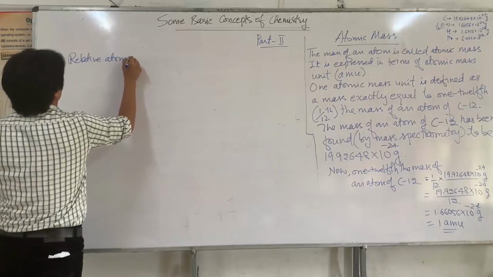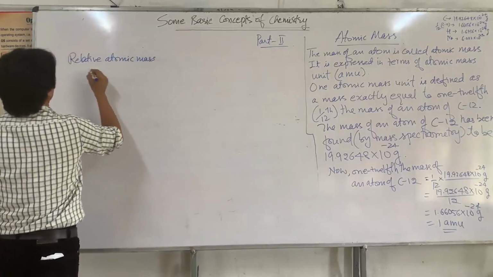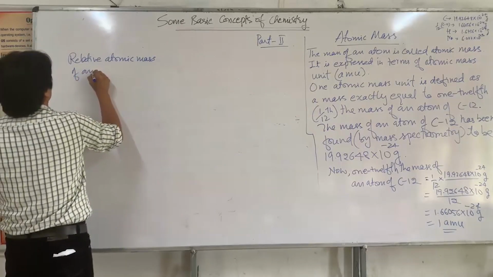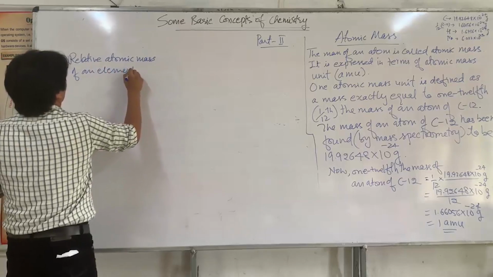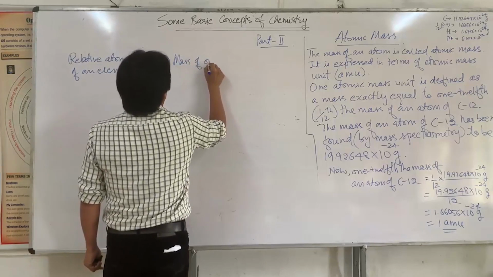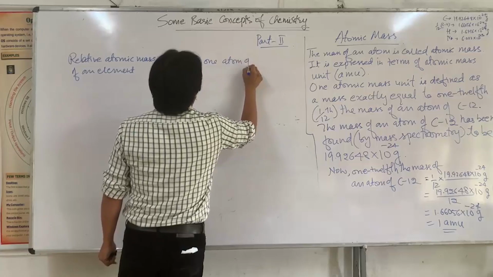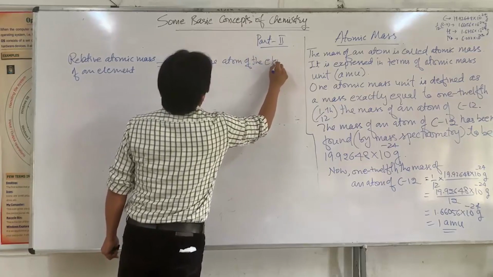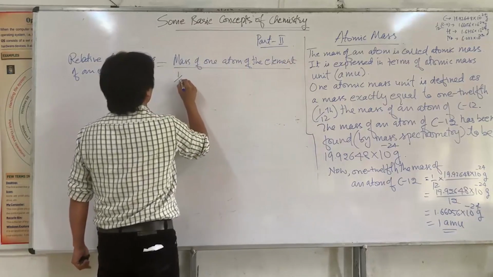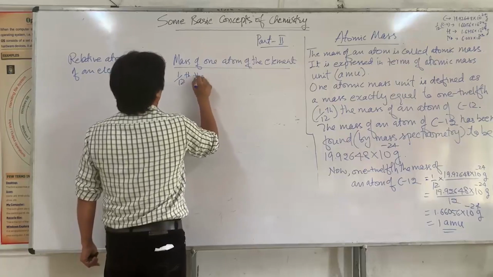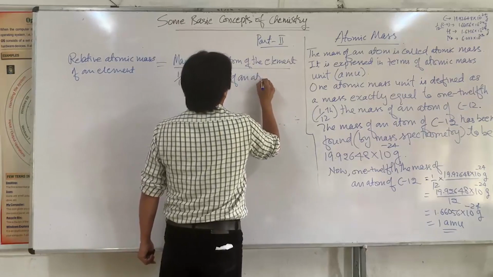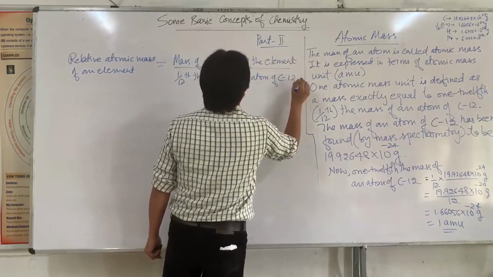Relative atomic mass is equal to the mass of one atom of the element divided by 1/12 the mass of an atom of carbon-12.